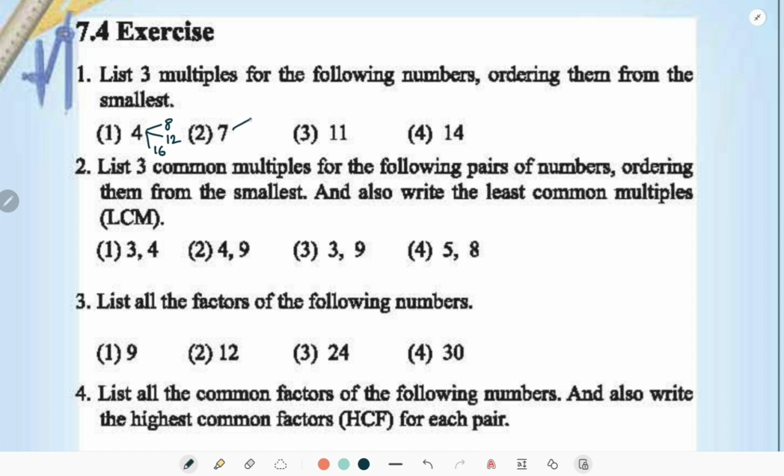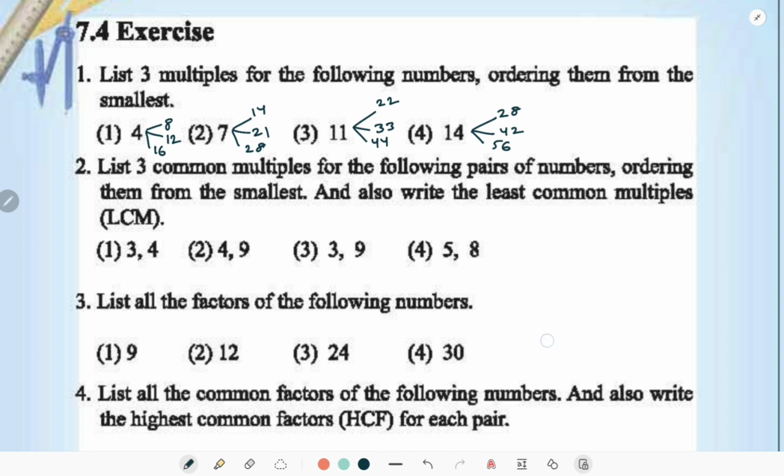Okay, 7, 7 2 is a 14, 7 3 is a 21, 7 4 is a 28. What about 11? 11 2 is a 22, 11 3 is a 33, 11 4 is a 44. 14, 14 2 is a 28, 14 3 is a 42, 14 4 is a 56.